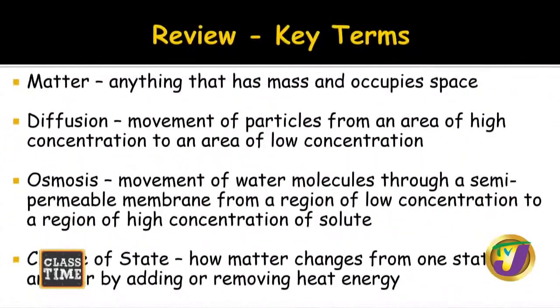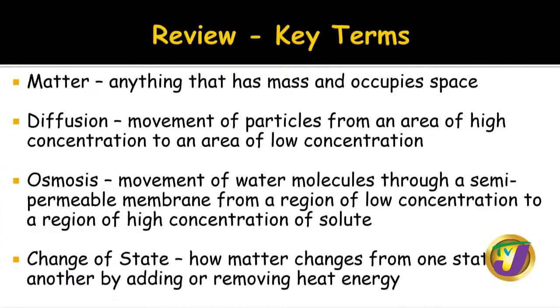So as we close this session, let us review the key terms that were mentioned earlier. Matter is anything that has mass and occupies space. Diffusion refers to the movement of particles from an area of high concentration to an area of low concentration until it is evenly distributed.